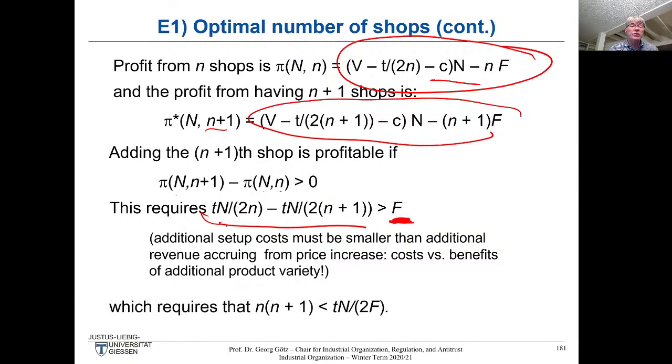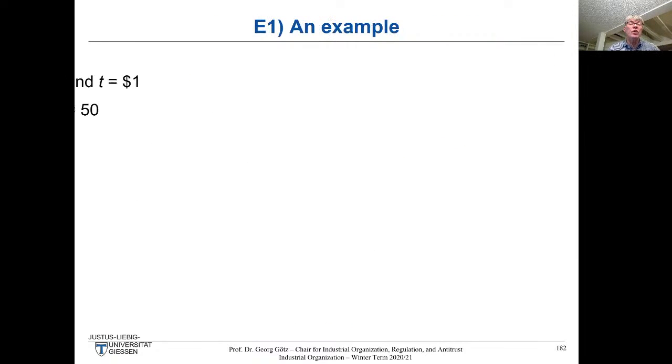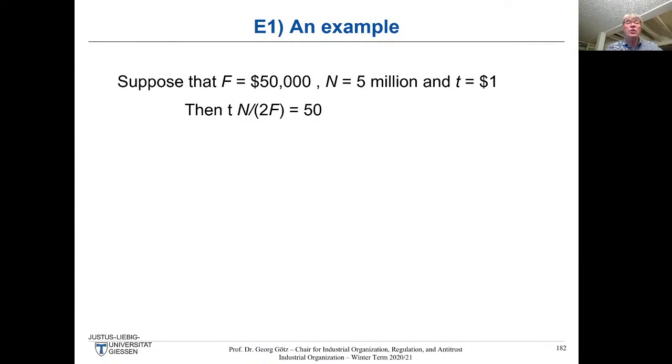Okay, and so what we get if we rearrange that, we get an expression in terms of n times n plus 1 must be smaller than this expression t times N over 2f. In order to make clearer what that is, I just give you an example here. Suppose some numerical example. Suppose you have some fixed cost f of 50,000, some 5 million population, and transport cost of $1 per kilometer.